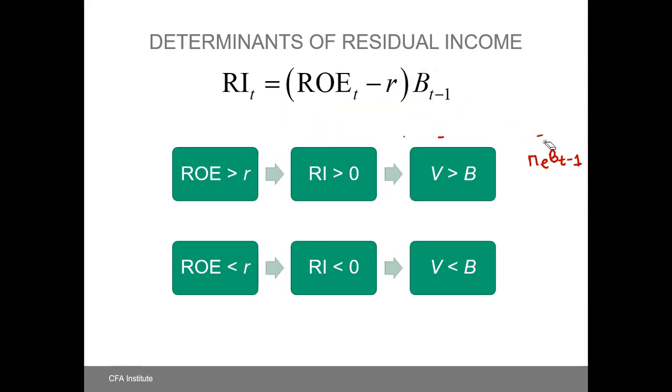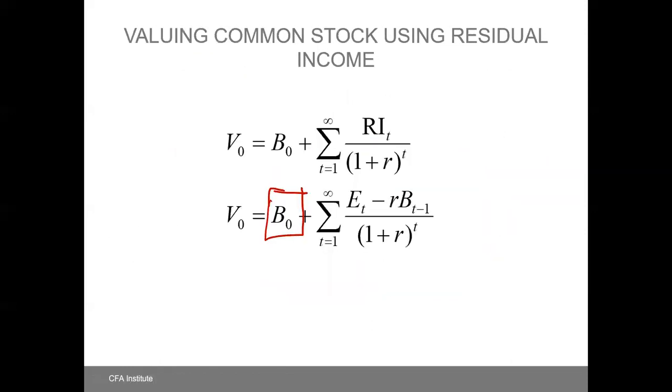What is the conclusion? The conclusion is that if the firm can generate a positive return on equity over the required return on equity, the firm will have positive residual income. If this part is positive, do you think the value of the stock should be greater than the book value of equity?